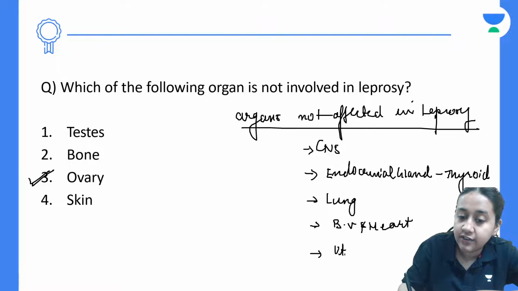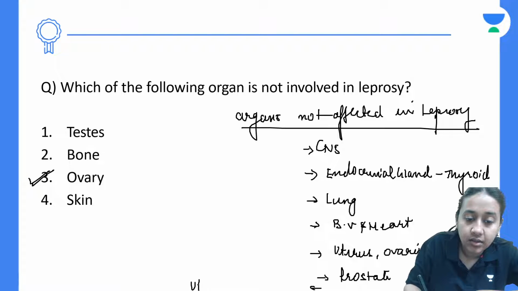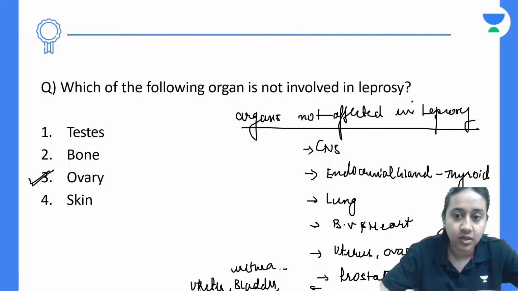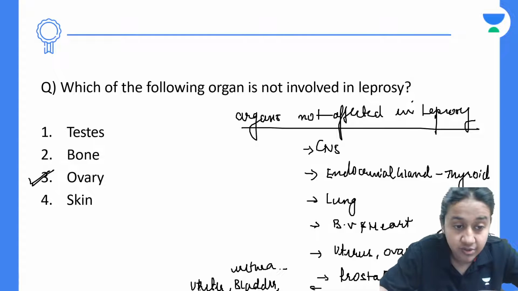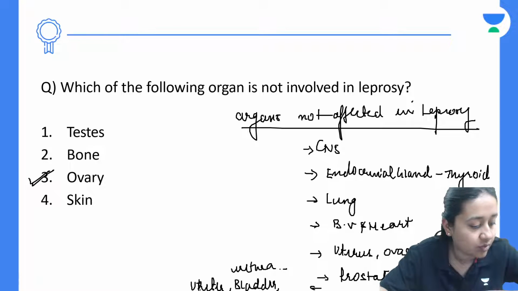The female reproductive tract, which includes uterus, ovaries, the prostate in males, and the genitourinary area like ureter, bladder, or urethra. These organs are not involved in a patient of leprosy. So, among the options, the correct answer is option number 3, that is ovary.